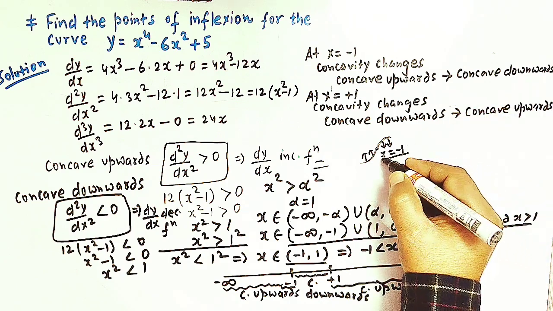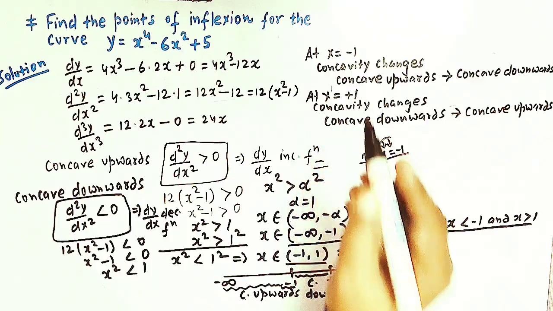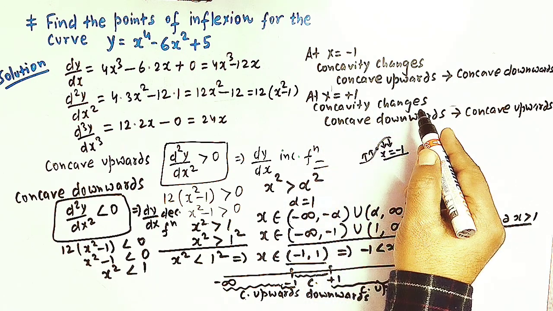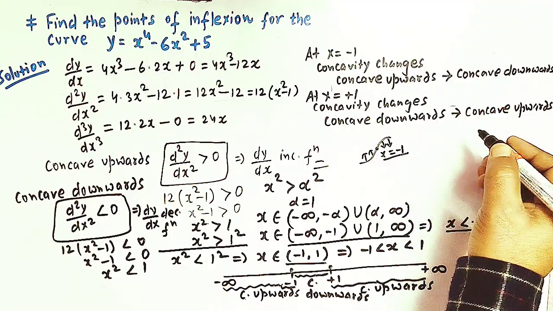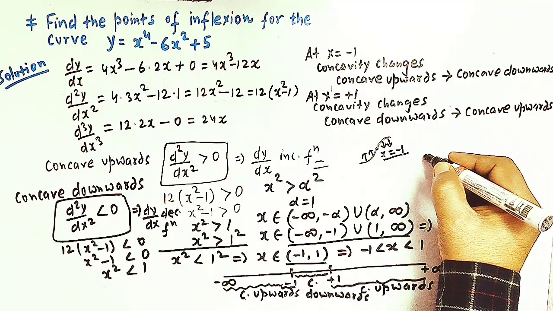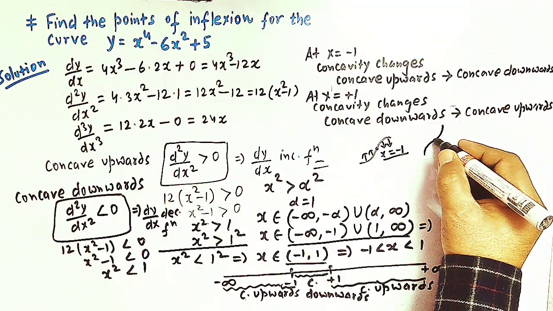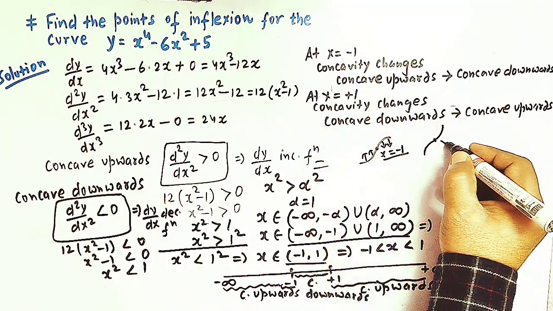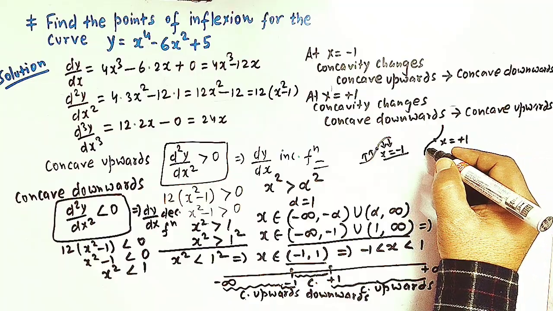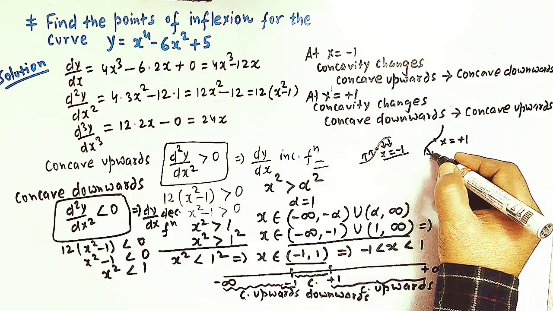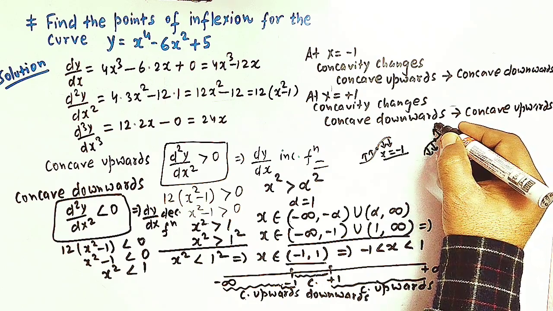At this point x is equal to minus 1, and at x is equal to plus 1, the concavity changes from downwards to upwards. So in this case the shape of the curve, it goes like this, right? So here we have the point of inflection, x is equal to plus 1, and here the concavity changes from downwards to upwards, right?